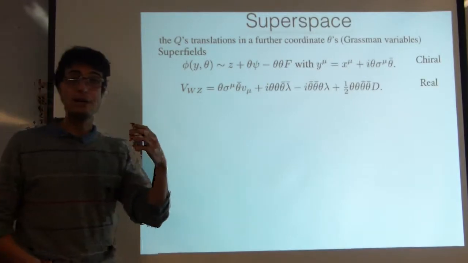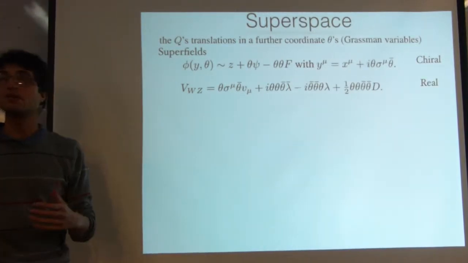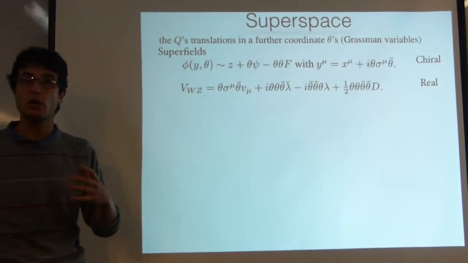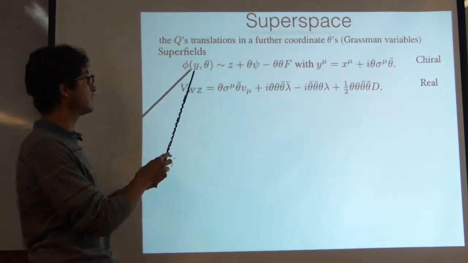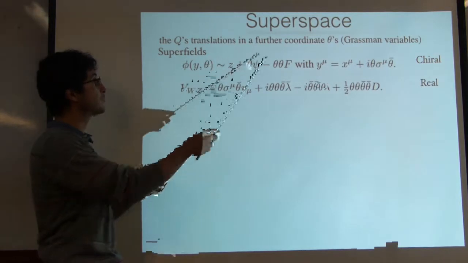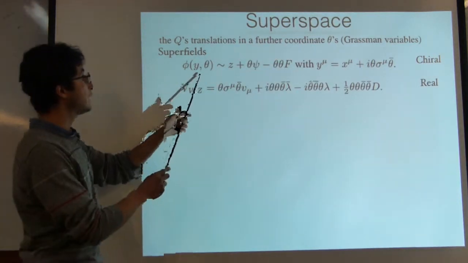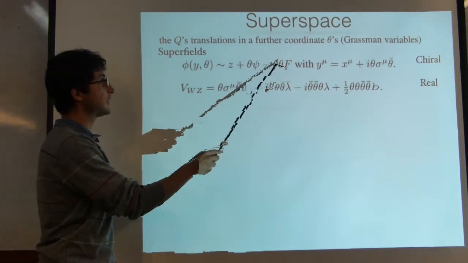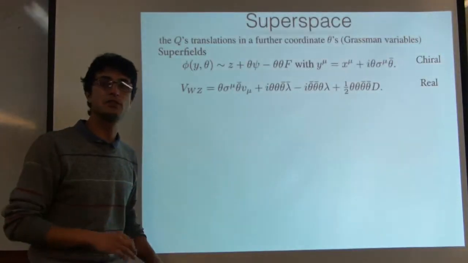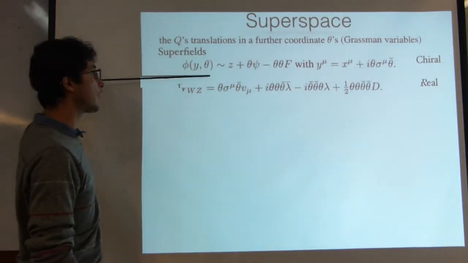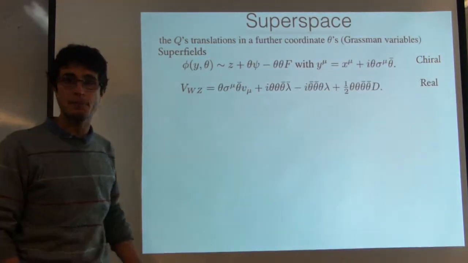So now instead of having fields that depend on the space-time, you have something that we call superfields. These superfields actually depend on the space-time and the extra coordinates, and we can expand this. As I said, you cannot have powers larger than 2. Here I'm just speaking about two special kinds of superfields, something that we call chiral and something that we call real.